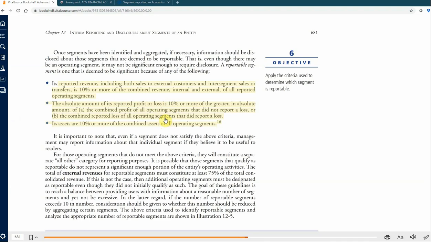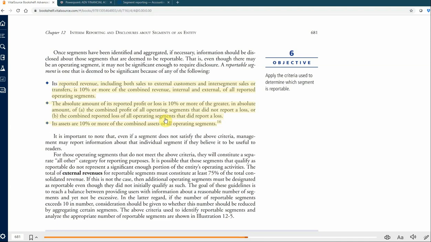Then say we have another segment that has a $100,000 loss. What you would do is take the absolute value of it. So instead of showing a negative 100,000, you convert it to a positive 100,000. And that positive 100,000 is 10% of the $1 million profit, so that would be reportable.